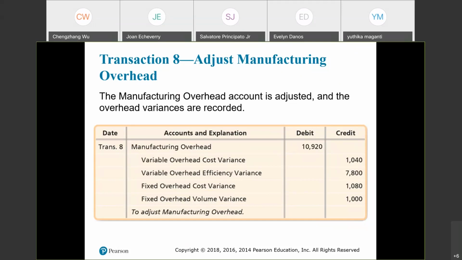The account therefore had a credit balance and has to be debited to bring it to a zero balance. When overhead is underallocated, the adjustment to manufacturing overhead is a credit, and the net amount of overhead variances is unfavorable.